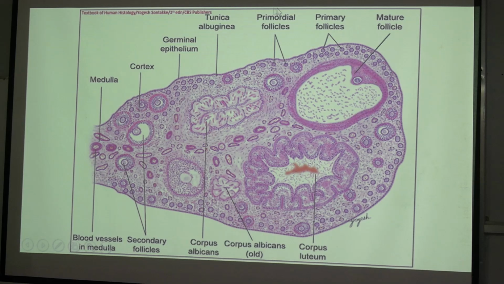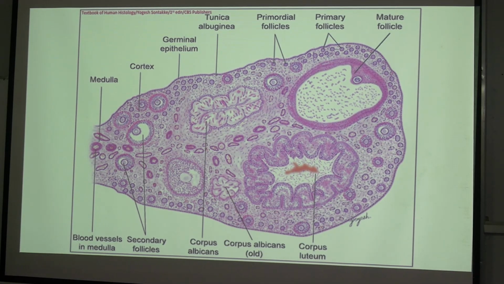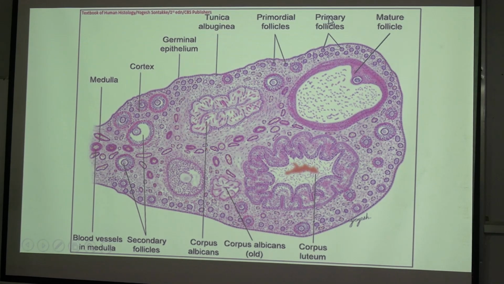Now this primordial follicle matures into the next stage, which we call the primary follicle. What happens to this? The flat cells become cube cells, become fatter, get some nutrition, and then we call them primary follicles. The size of the oogonia also enlarges, but it remains at the same developmental stage of meiosis 1.